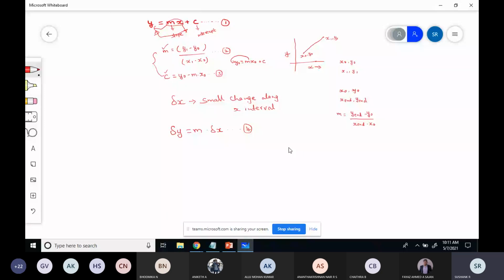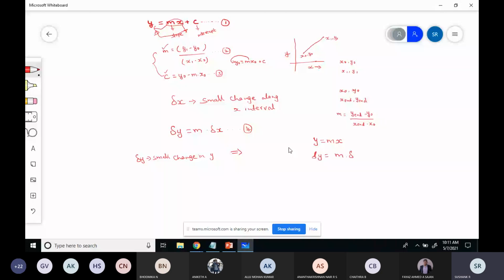Similarly, if there is a small change in y, how do you calculate x? The earlier one was regarding a small change in x, where you calculate the small change in y. Now if there is a small change in y, how do you calculate the change in x? So you know that y is equal to mx, so delta y is equal to m into delta x.